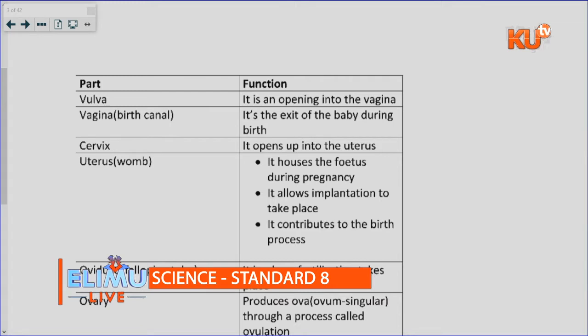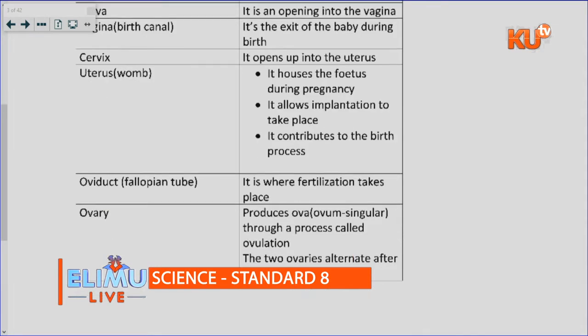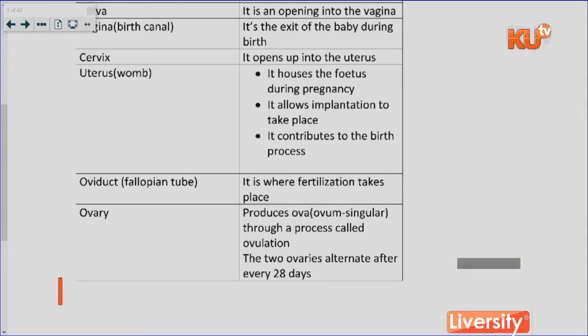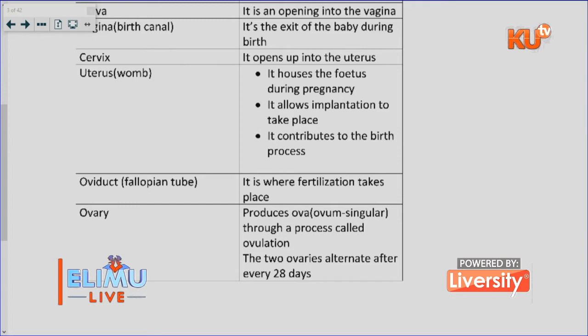As we move forward, we'll come to see what implantation is, and how the uterus contributes to the birth process. We have the oviduct, also called the fallopian tube, and it is where fertilization takes place. We'll also define the term fertilization.